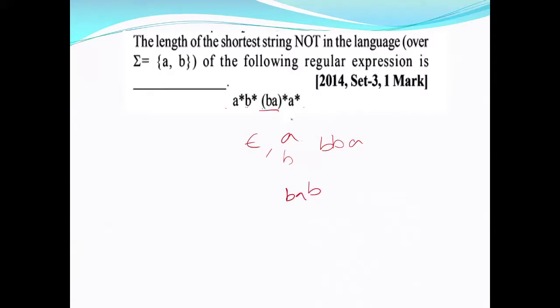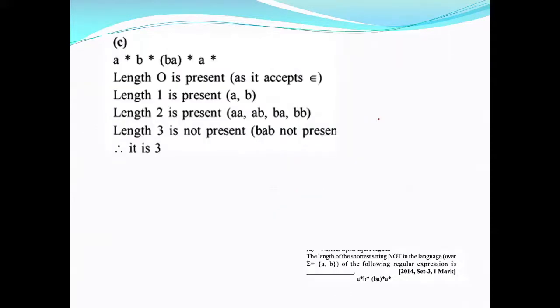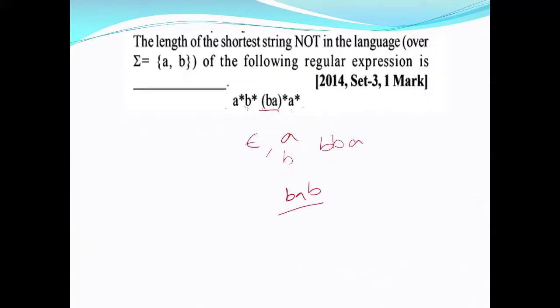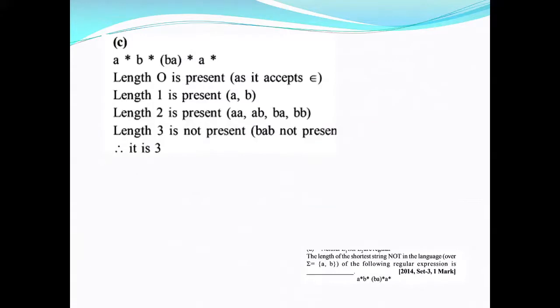You won't get BAB, because B is followed by A, so you don't get BAB. The minimum length is 3. So the answer is 3. So BAB is not possible.